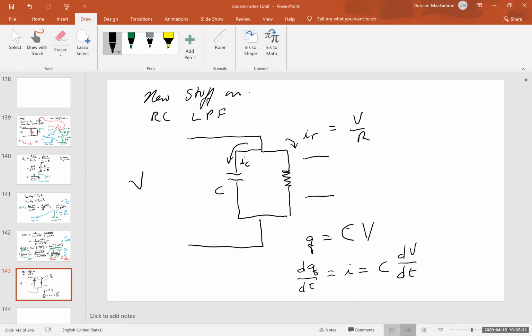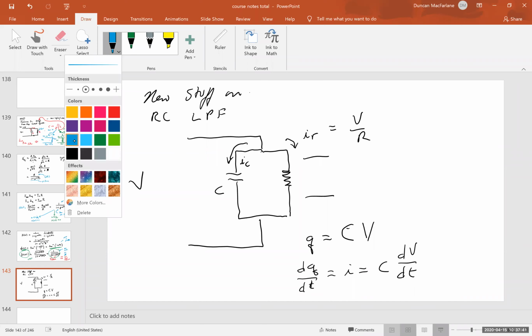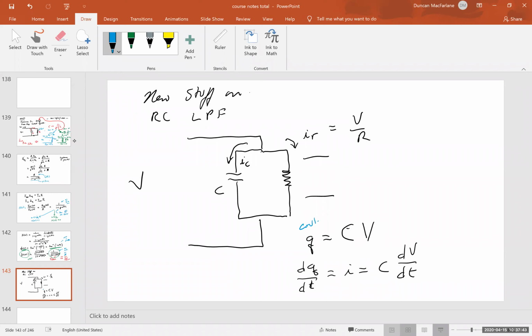And so the rate of change of the charge on the capacitor becomes current. This is coulombs per second, and an amp is equal to coulombs per second.